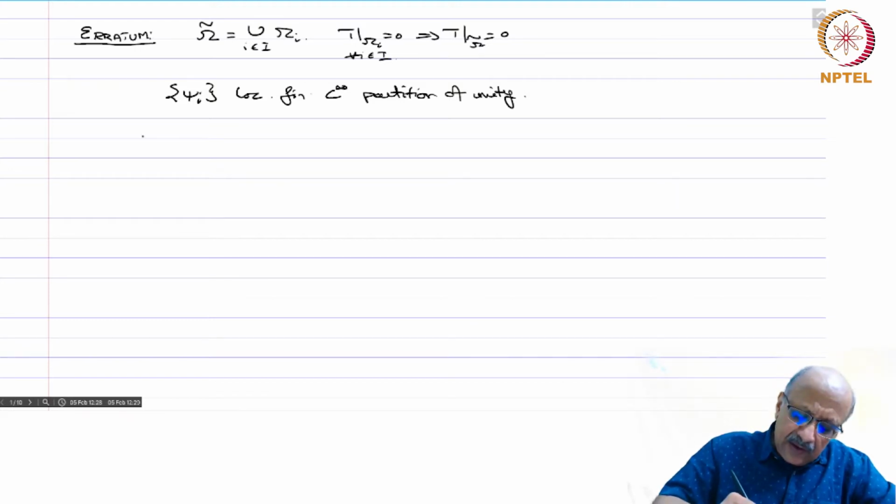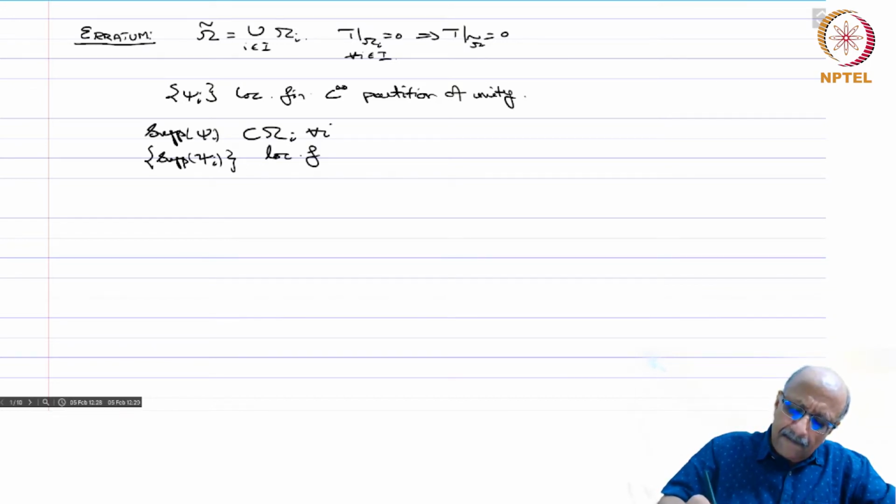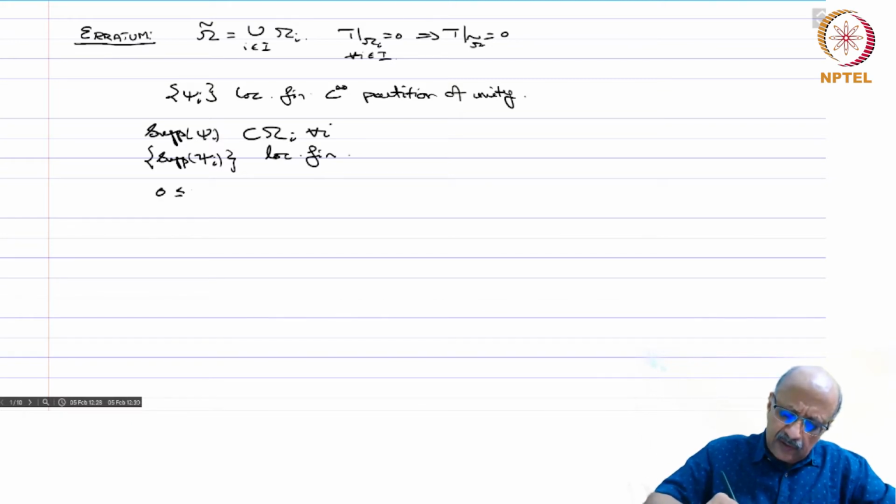What we meant is that the support of ψ_i is contained in Ω_i for all i, and the family of supports of ψ_i is locally finite, and 0 ≤ ψ_i ≤ 1, and finally Σψ_i is identically equal to 1.